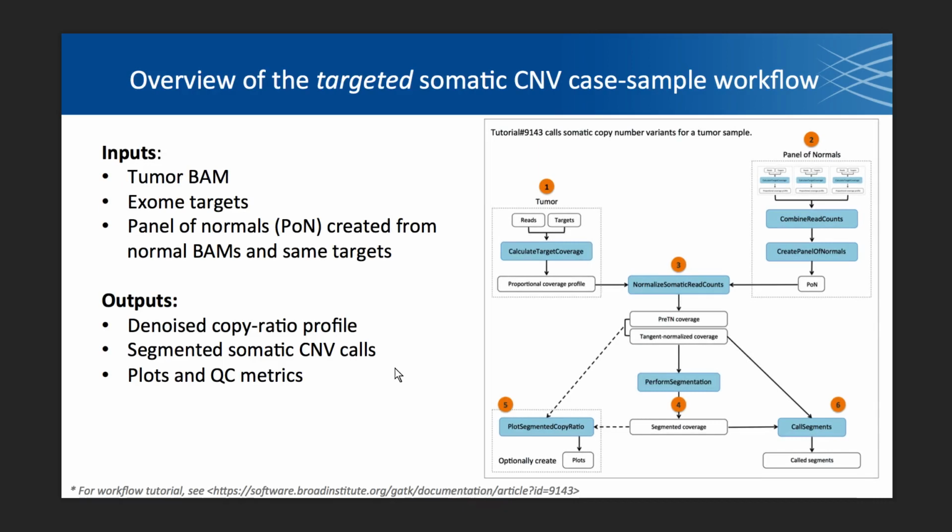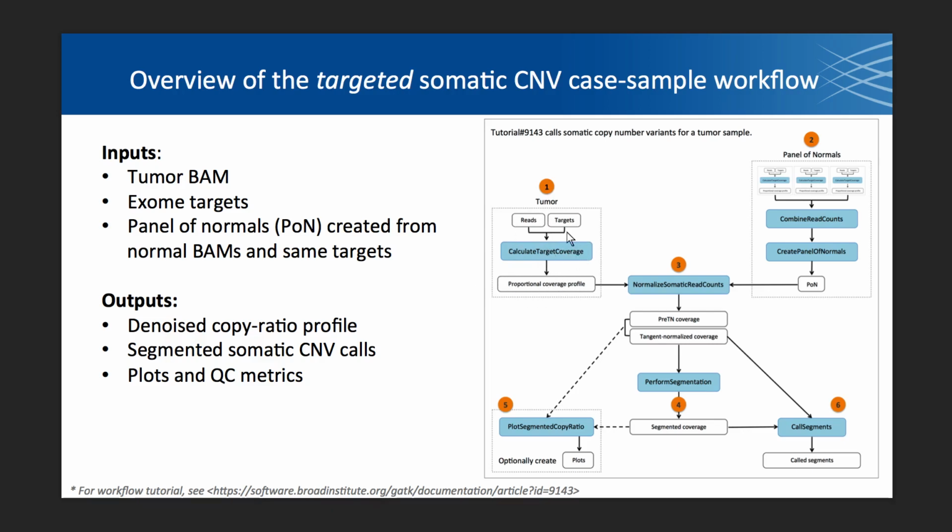So in step 1, and I'm going to go into detail for each of these steps and give you the commands, but in general, we take BAM reads and our targets, and we put them through calculate target coverage to get proportional coverage numbers.